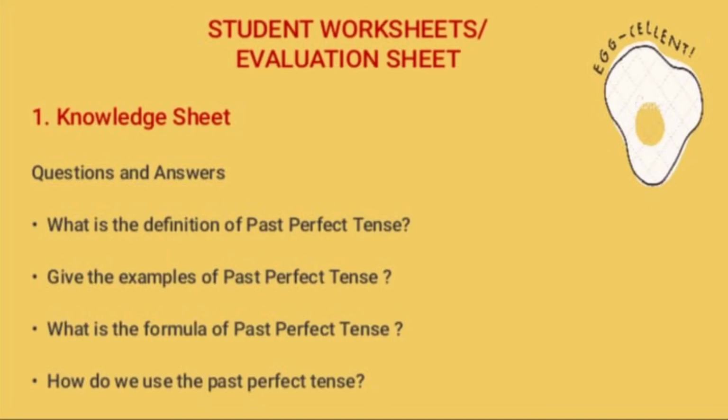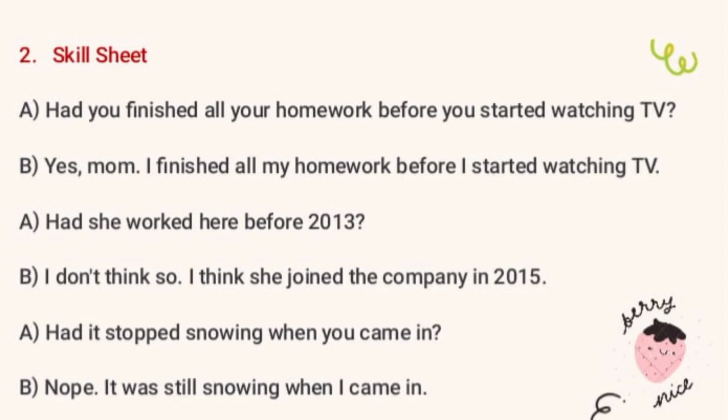So, for question number 1, it is about: what is the definition of past perfect tense, give an example of past perfect tense, what is the formula of past perfect tense, and how do we use the past perfect tense. And then the second question, there are 5.